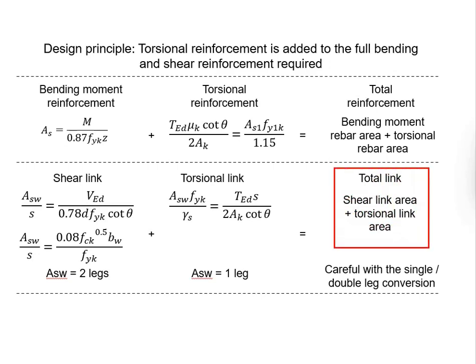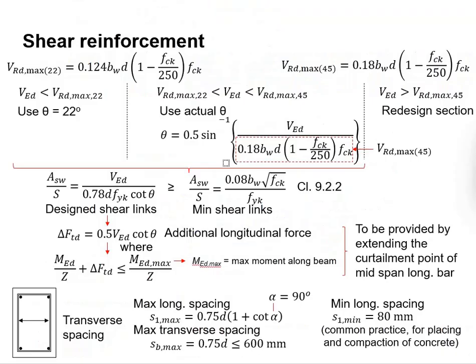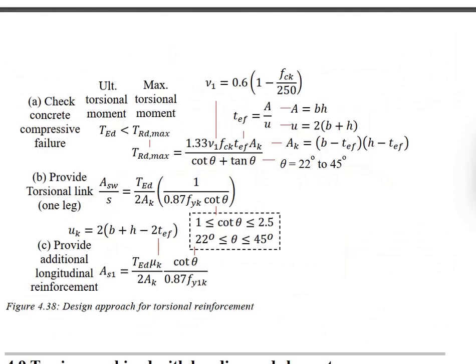Ultimately, it will give you the final arrangements of the link for the section. Now, when the link here is used both for shear and torsion, theoretically, the angle here should be the same.